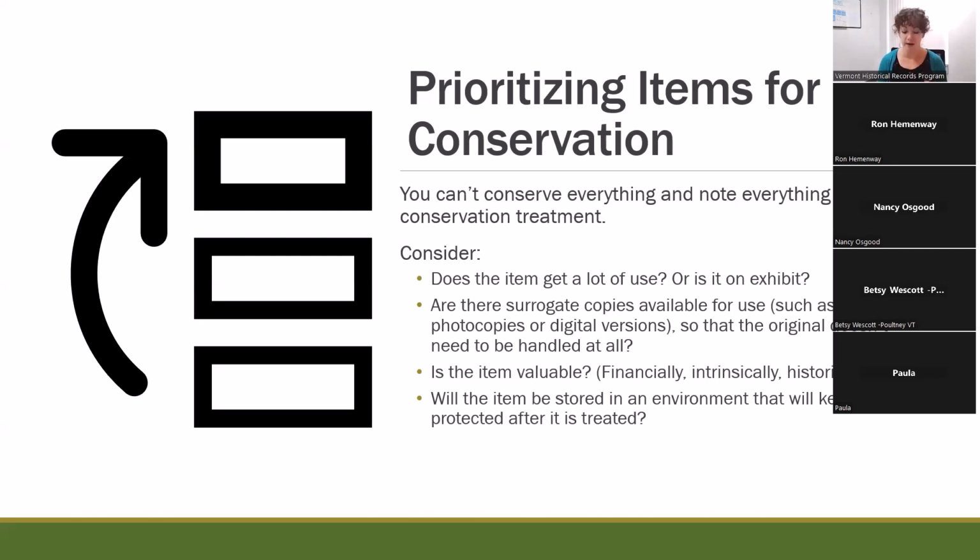But sometimes the physical item itself is important because maybe it's rare or its historical context or where it came from is really significant. Maybe it belonged to someone important to your organization or it's the original example of something. So if the item itself is valuable in itself, that would increase its priority for conservation.